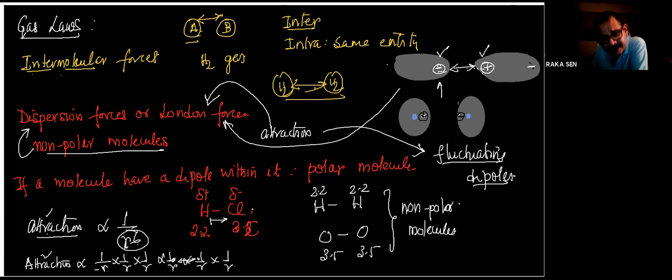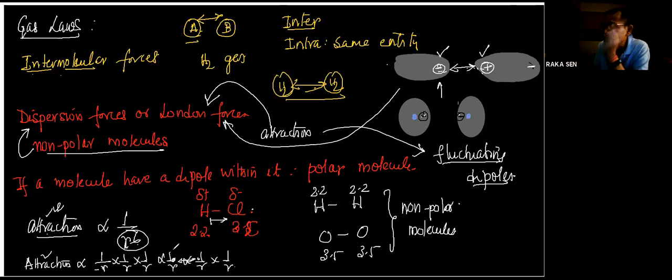If I increase the distance a little bit, what happens? The attractive force is going to decrease. By how much? r to the power 6. That means a little bit of distance is going to make a hell of a lot of difference.